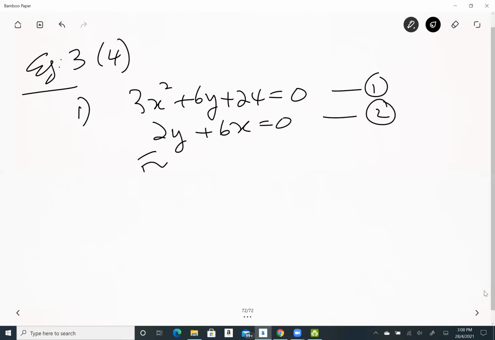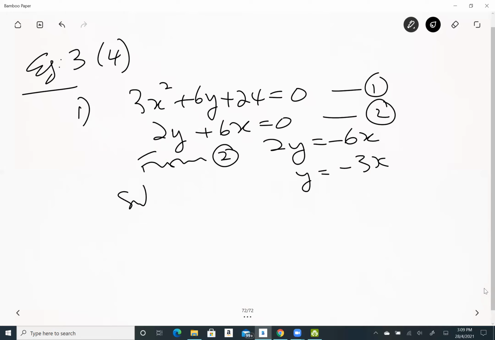So from number 2, what do I get? I get 2y equal to negative 6x, then y equal to negative 3x. So I got y in terms of x. And then you substitute y into number 1.